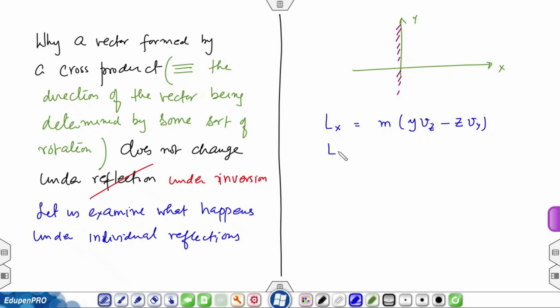Angular momentum Ly is given by m z v x minus x v z, and Lz is given by m x v y minus y v x.